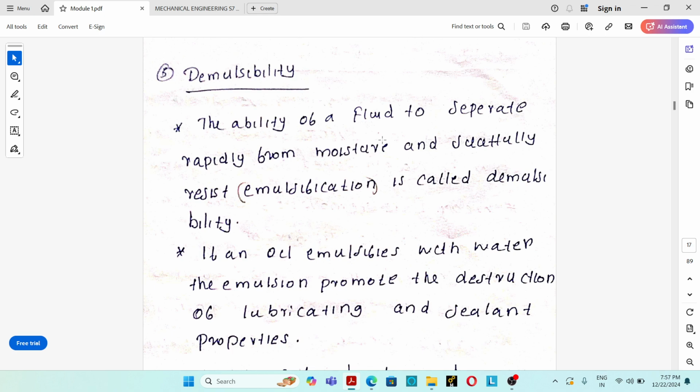The ability of a fluid to separate rapidly from moisture and sufficiently resist emulsification is called demulsibility. So demulsibility means successfully resisting emulsification. That is the meaning of demulsibility.